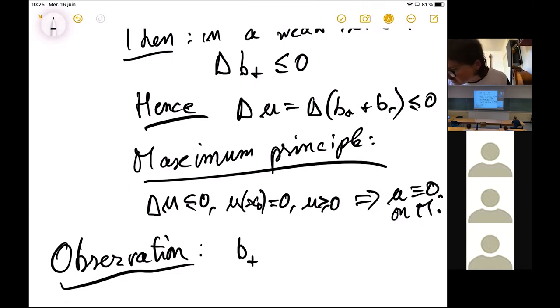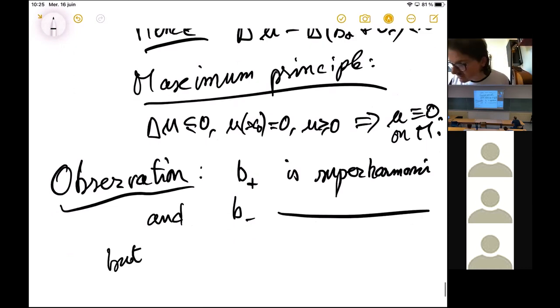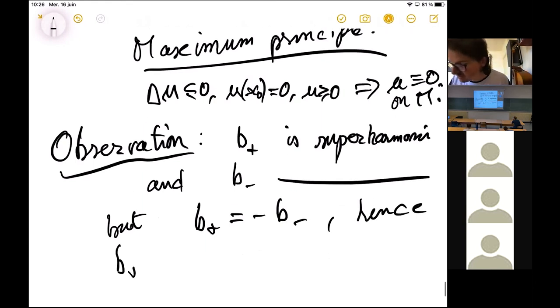So b plus is superharmonic. And b minus is also superharmonic. But since u is equal to 0, b plus is equal to minus b minus, and b plus is a harmonic function.